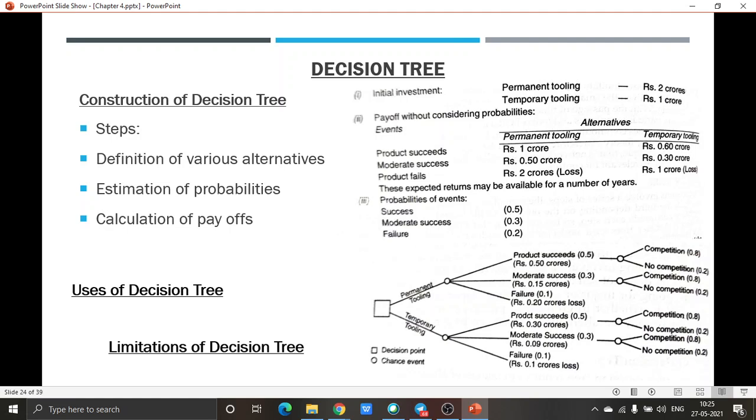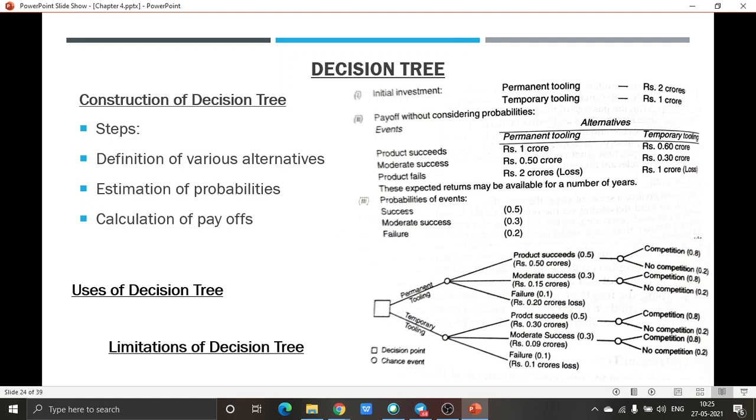The payoff for an ultimate alternative has been calculated by taking into account the probability of the ultimate alternative as well as the previous alternative, and multiplied by the expected payoff of the first alternative without its probability.